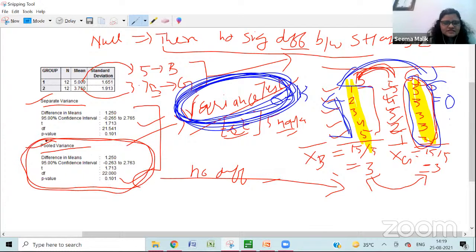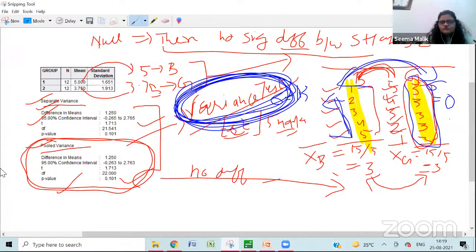When the variance is same, we can read out this part. And if variances are not same, we can read out this part. So we need to decide which part we are going to show in our research, so we need to perform a variance test.